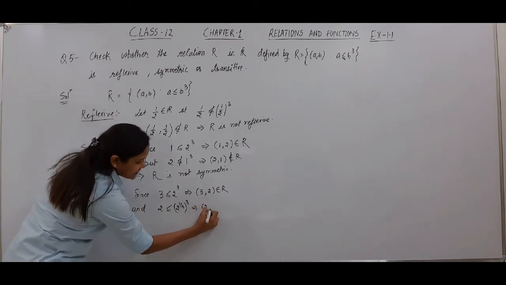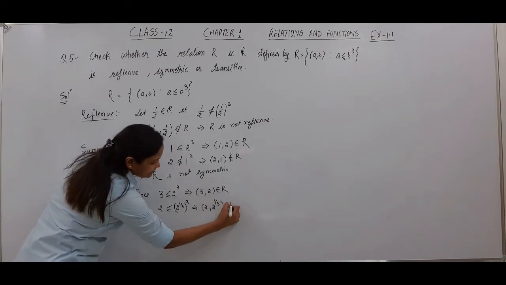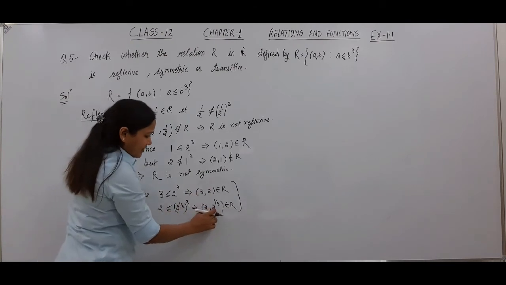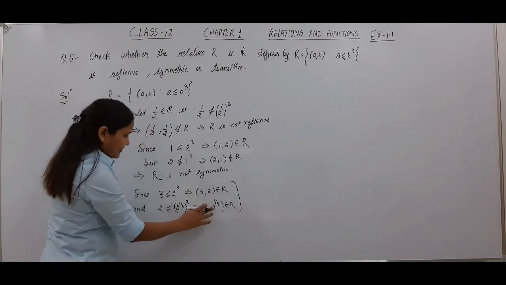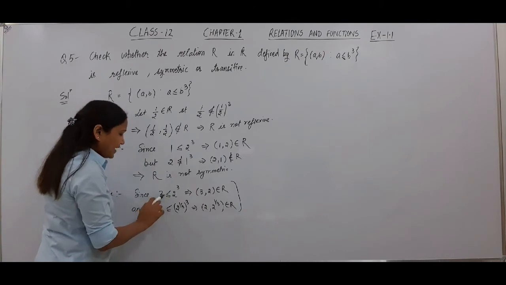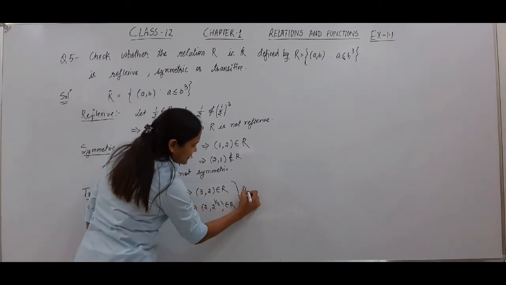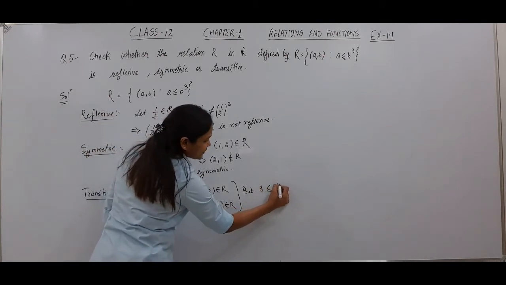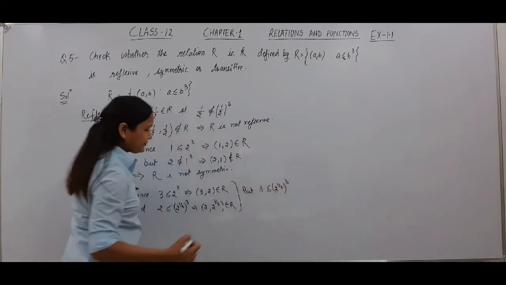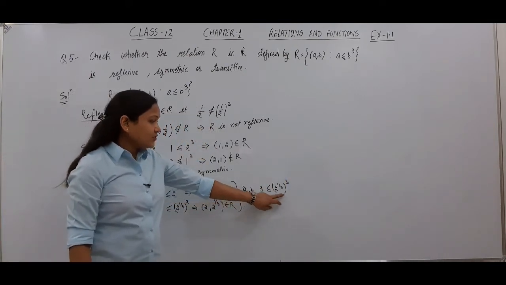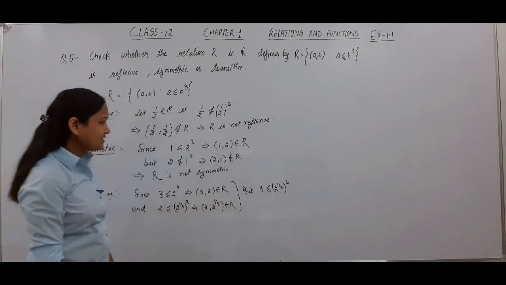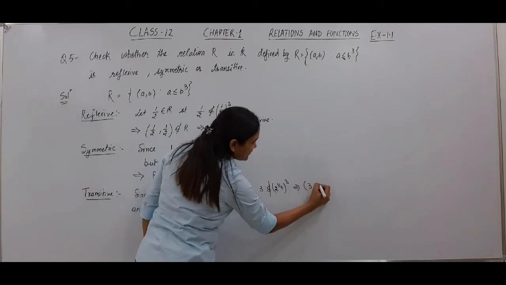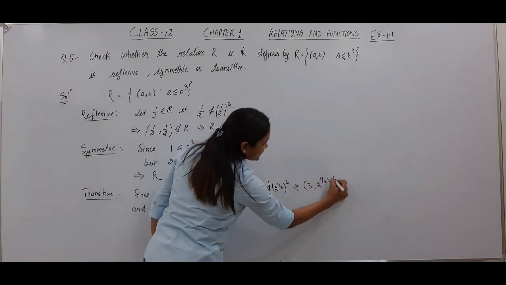That implies 2 is related to 2 raised to 1/3. But यहाँ से आपका ये आ रहा है कि 3 is not less than equals to 2 raised to 1/3 cube. 3 तो बड़ा हो जाएगा 2 से, so this is not less than equals to. That implies 3 is not related to 2 raised to 1/3.